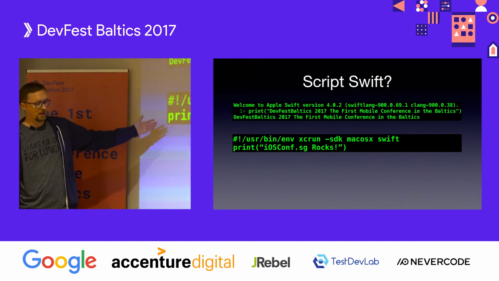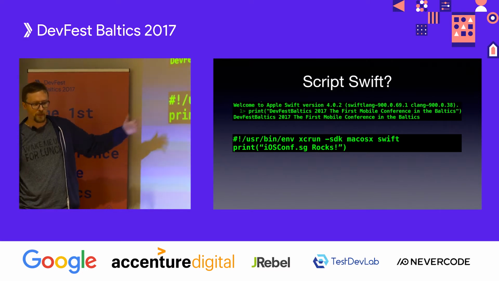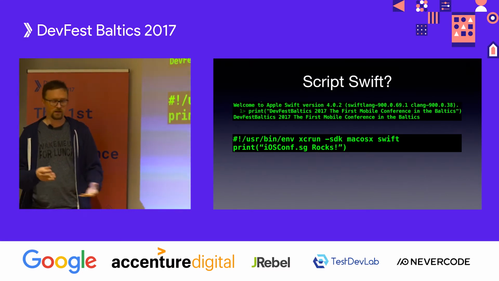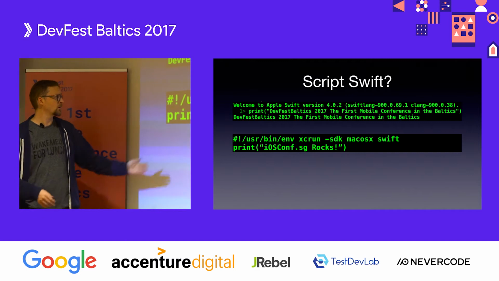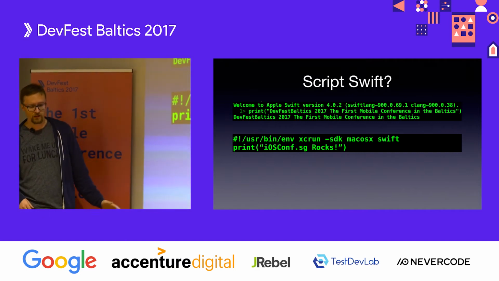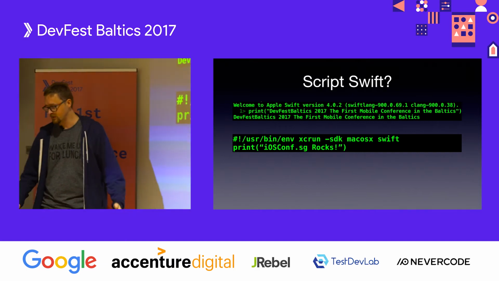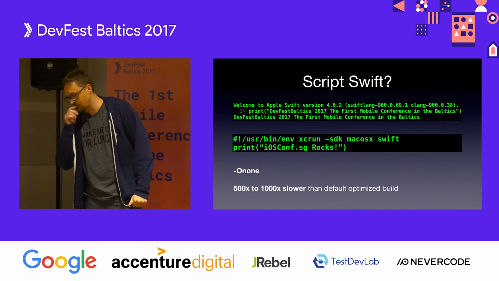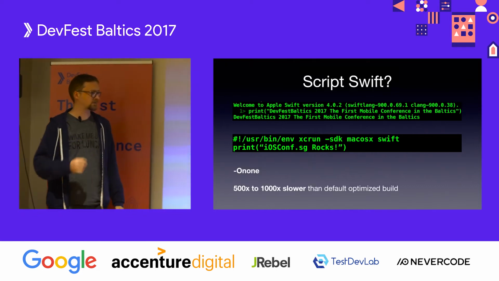Or we can create a file, like a bash file or a Ruby file, with a header, and put the code below. That will be executed as a Swift script.